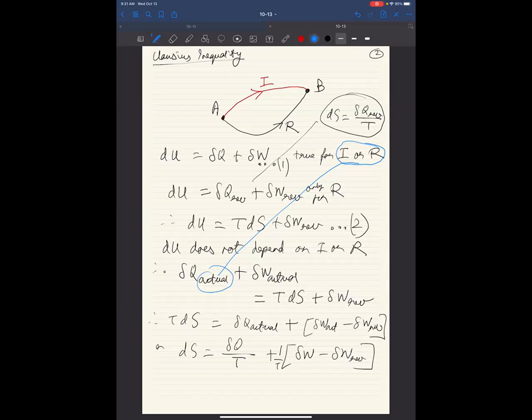So, in contrast with dS is equal to delta Q reversible by T, it almost looks like that, but it's general. And in order to have this generality, you have some difference of work terms on the right-hand side. Let's call it equation 3.